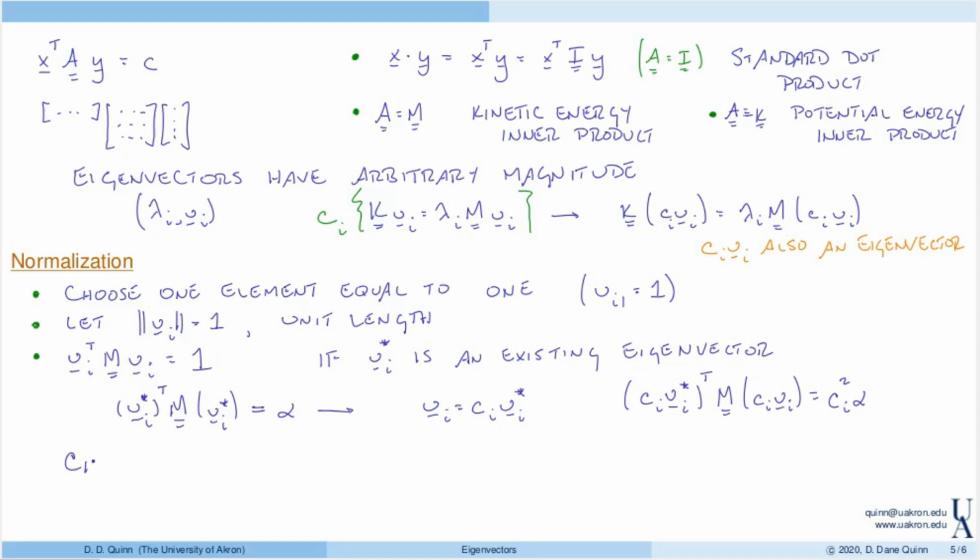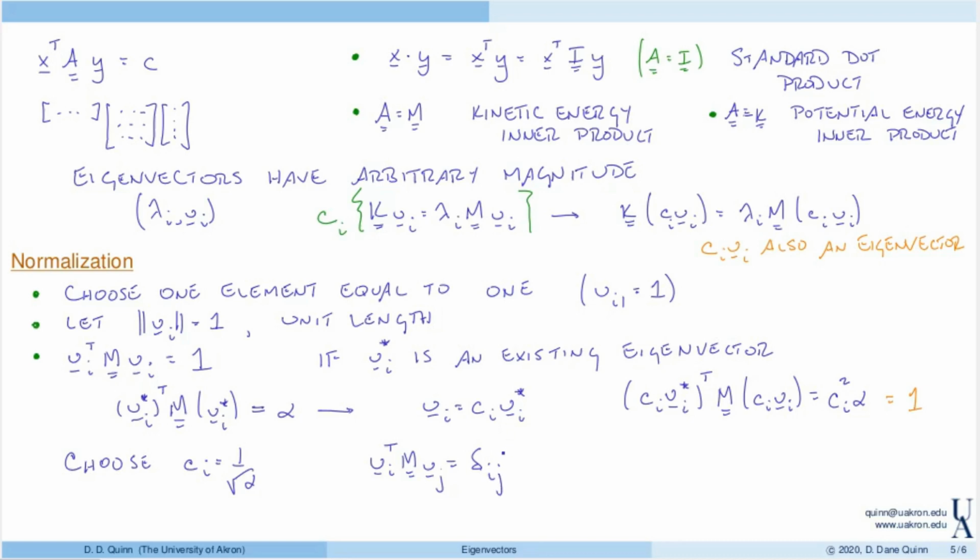So I can choose c_i to be 1 over the square root of alpha. And as a result, this quantity is equal to 1.